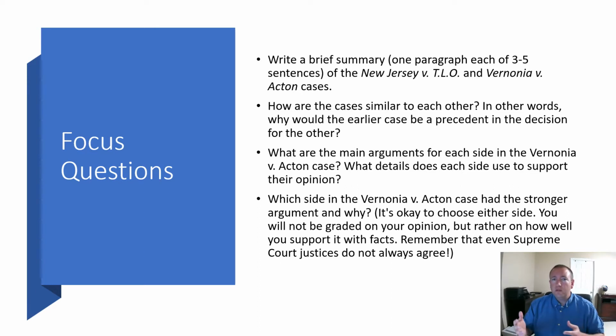So when you answer that last question, you can choose to be on the side of the Vernonia School District or the Acton family. However, whenever you decide which one you are siding with, make sure that you include some facts, some evidence to support why you think that side had a stronger argument. Okay.